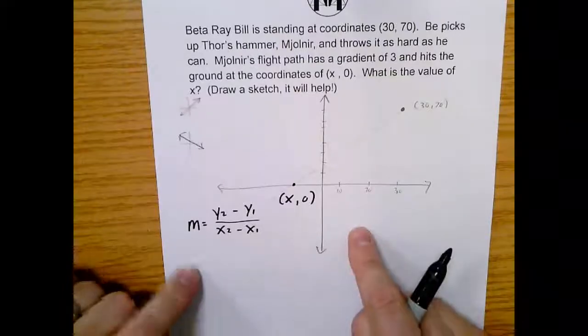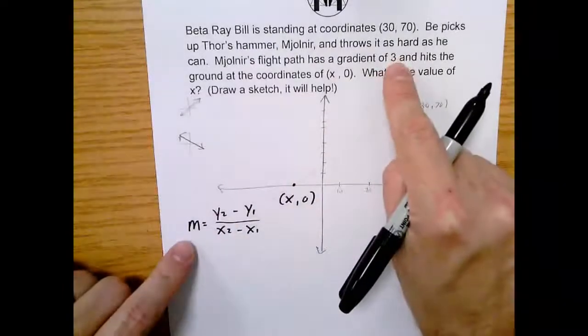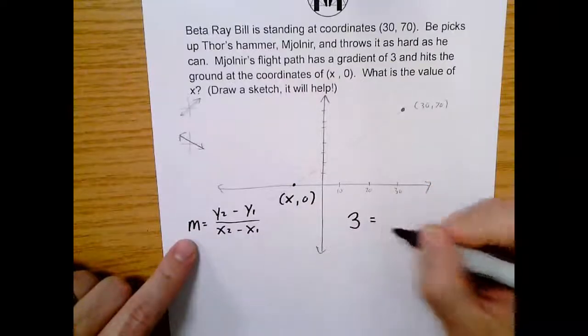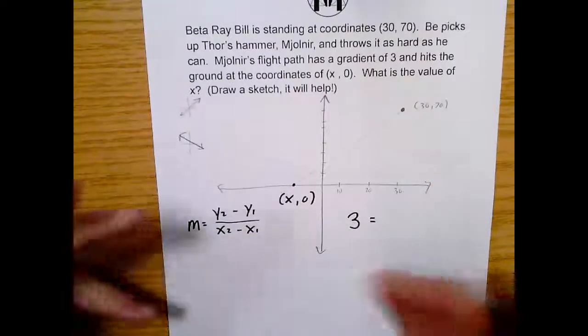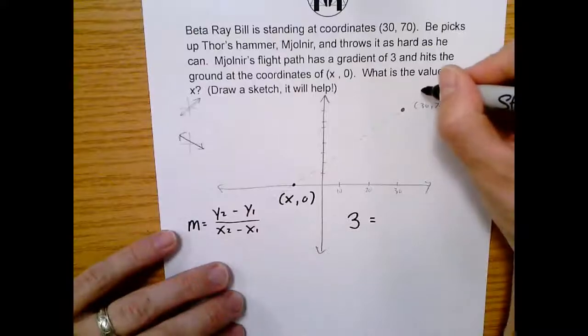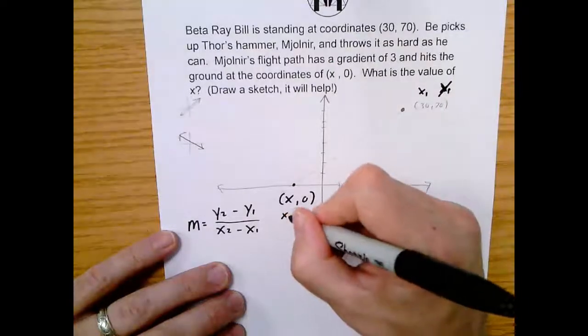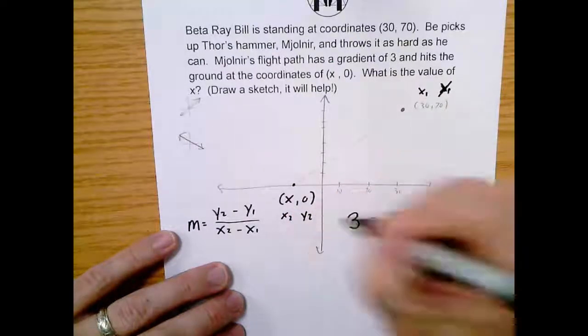So I'm going to do it over here. m, that's my slope, that's my gradient. I know that's 3, so I just write 3. And that's going to be equal to y sub 2 minus y sub 1. I'll just do it as I always do, start at the top and work my way down. So here's x1, there's y1, here's x2, and here's y2.